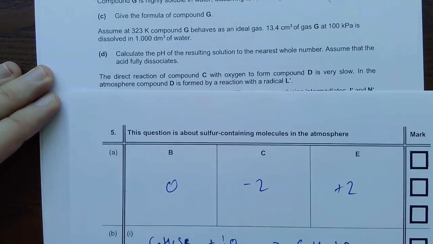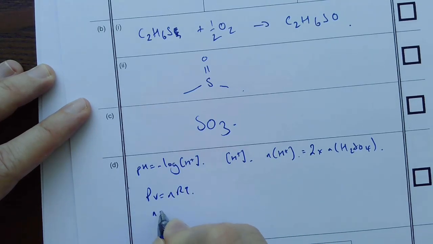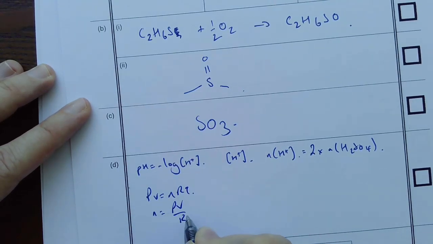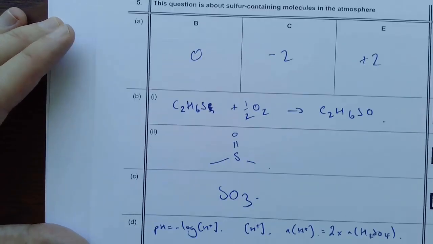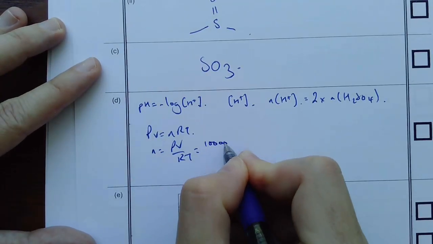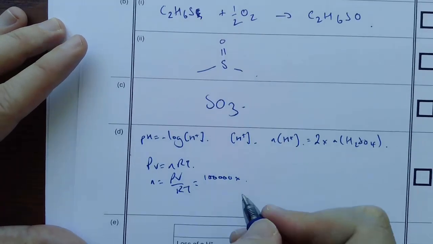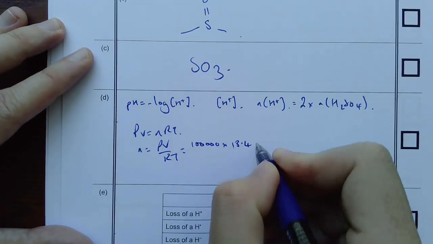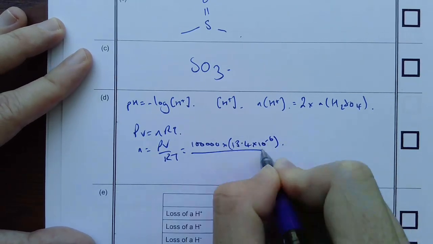Fine. So PV equals nRT, n equals PV over RT. My pressure is 100 kilopascals, so it's 100,000 pascals multiplied by the volume, which is 13.4. But we want to do it in meters cubed rather than centimeters cubed, so 10 to the minus 6 to convert.